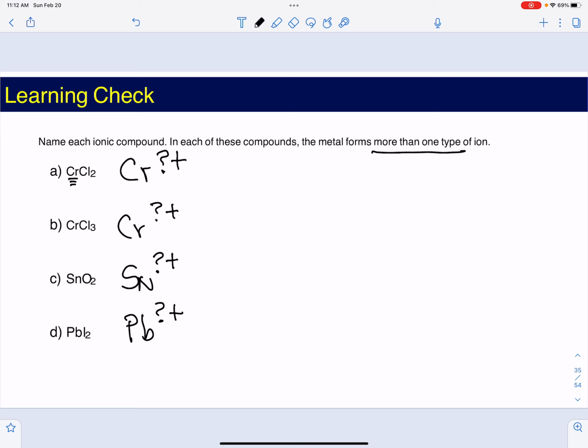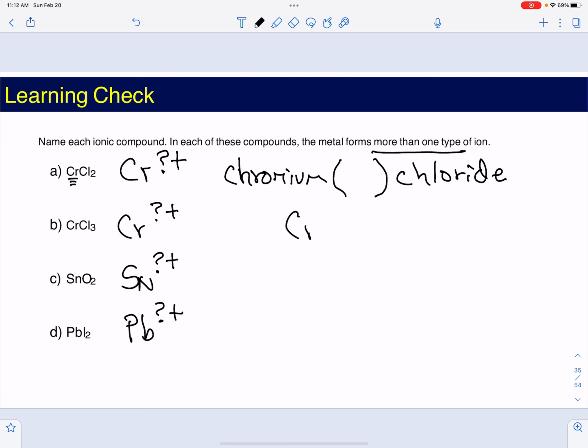So I know this is going to be chromium, straight from the periodic table. I know it's a transition metal, so I'm going to have to put a Roman numeral there. And it's going to be chloride. So how do I find out the Roman numeral? I know that this has to give you all combined 0.